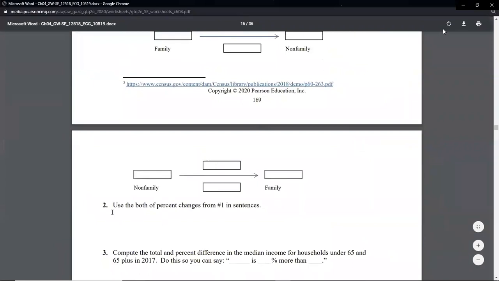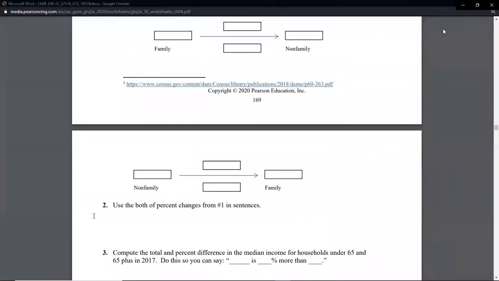Use both of the percent changes from number 1 in sentences. Annotate, and we're going to type for this one. There we go. Okay. So it would be something like this.